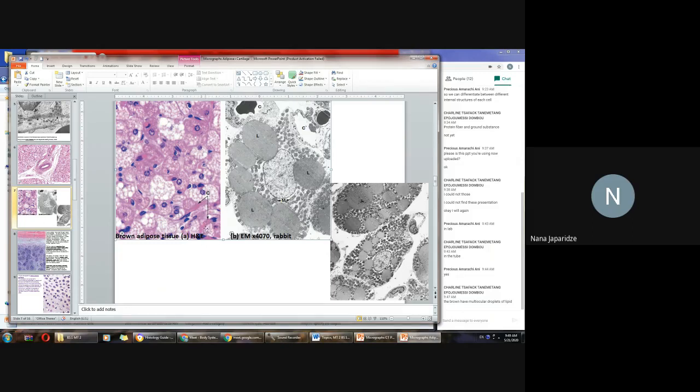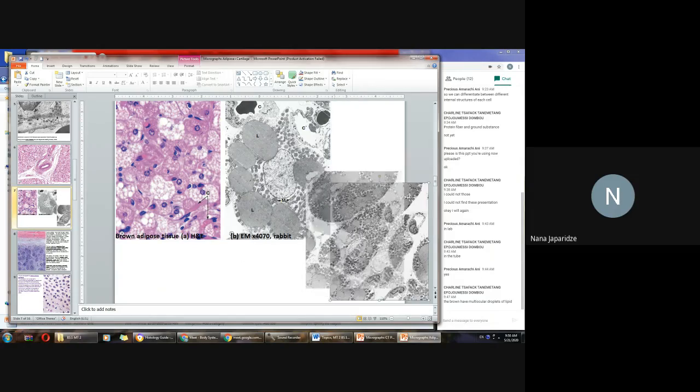These are longitudinal sections. Look, longitudinal sections. These are transverse sections. Okay? Hopefully you understand the difference between longitudinal and transverse sections of the cells.